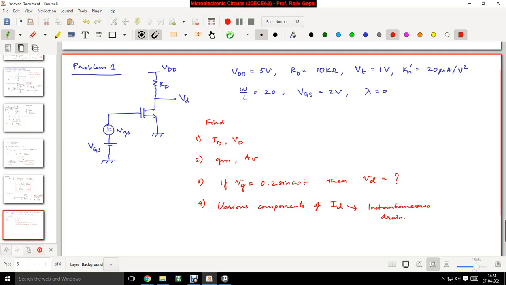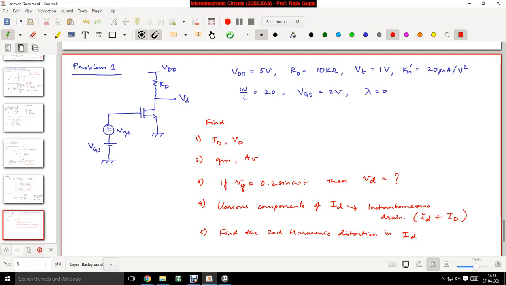It is a combination of this and this, so that is what is being asked. And the fifth one is to find the second harmonic distortion in ID. Again, ID is the instantaneous drain current. So, a pretty huge problem, but very simple.